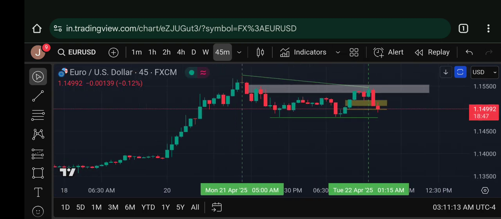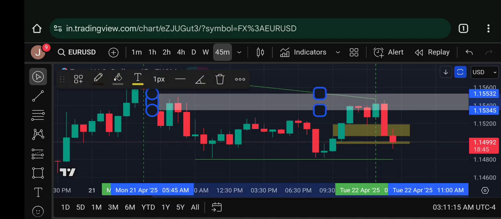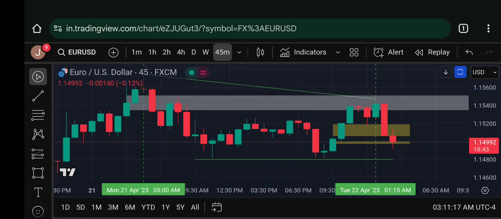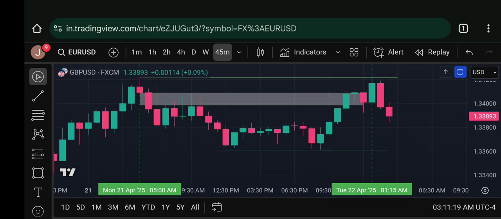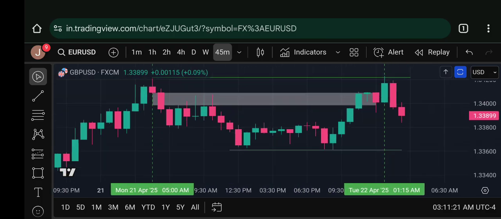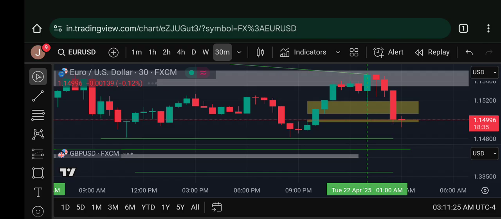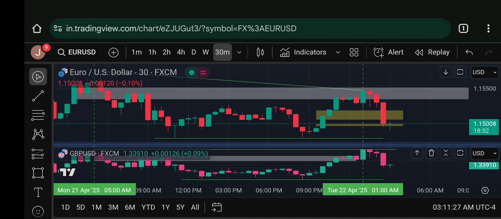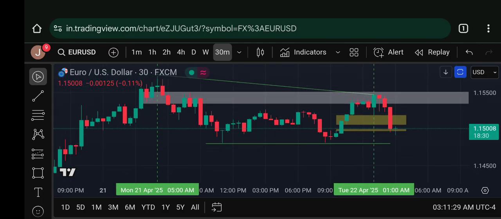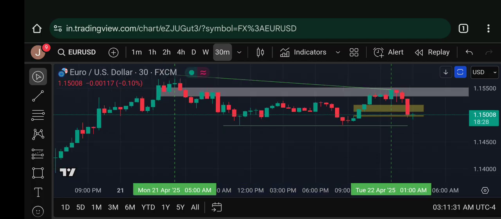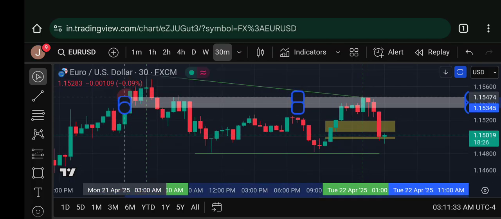See guys, first of all, respect of the fair value gap on 45 minutes, whereas price made a liquidity sweep here on GBP/USD. Second of all, in 30 minutes, if I zoom in, the same fair value gap, here there are two.